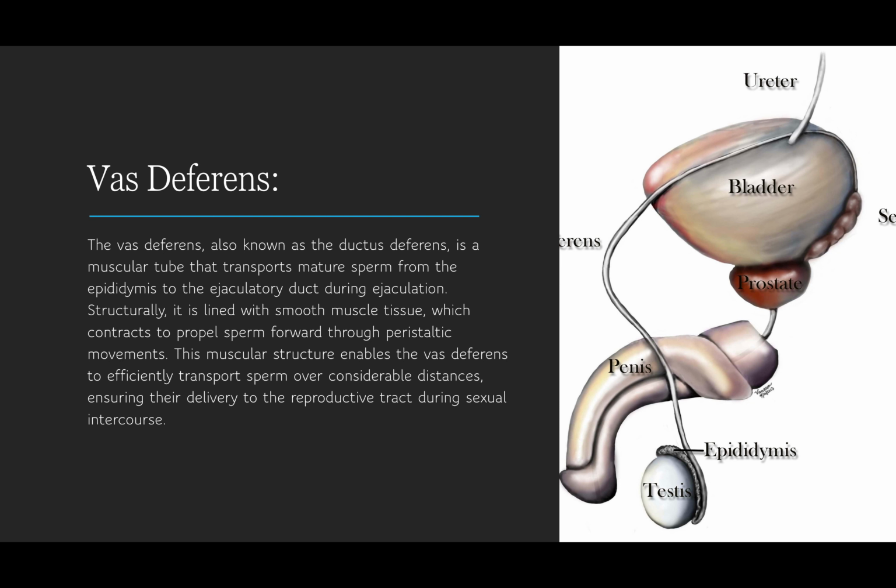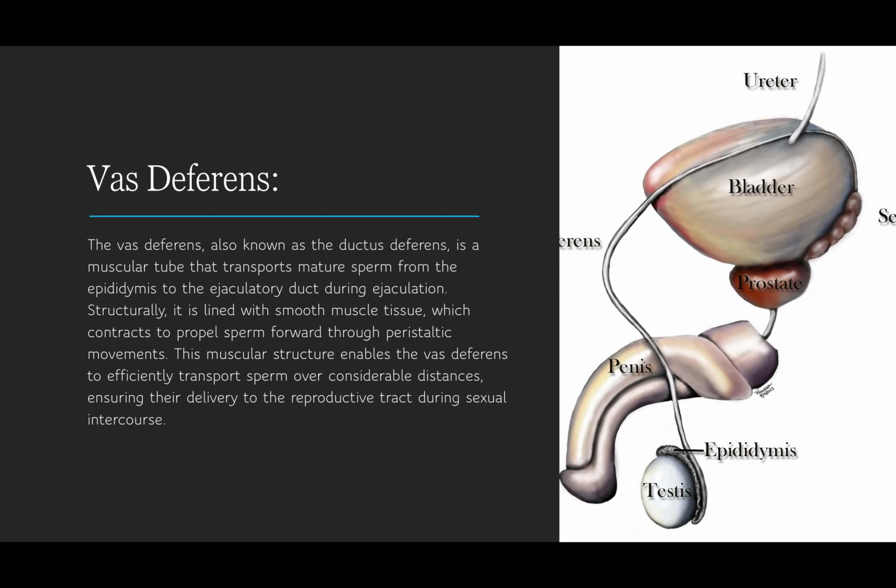You remember peristalsis, the contraction and relaxation of muscles along different tubes in the body. For example, your esophagus goes through peristaltic movements as well. So this muscular structure enables the vas deferens to efficiently transport sperm over considerable distances, ensuring their delivery to the reproductive tract during sexual intercourse. Everything is fine there.